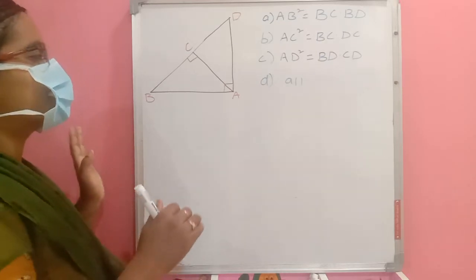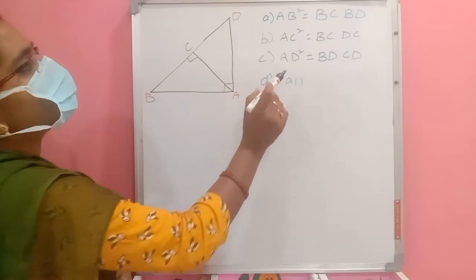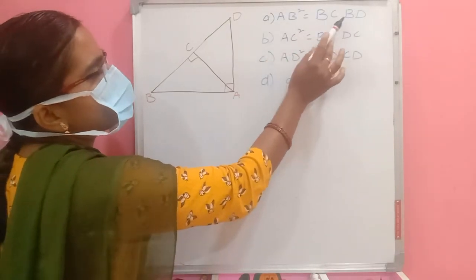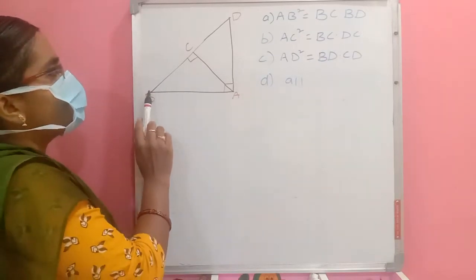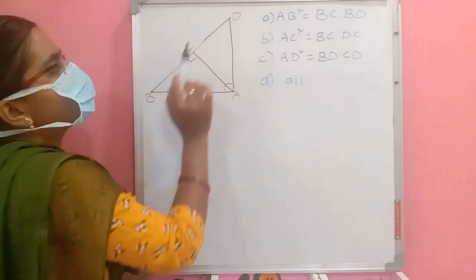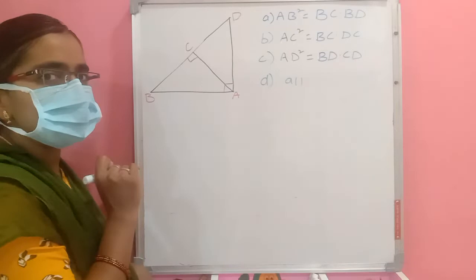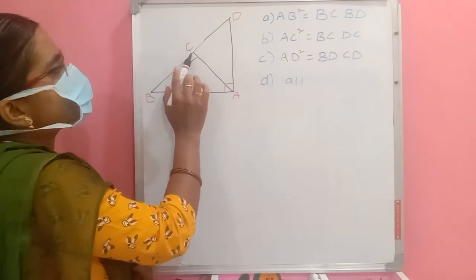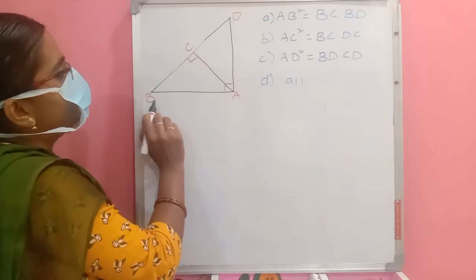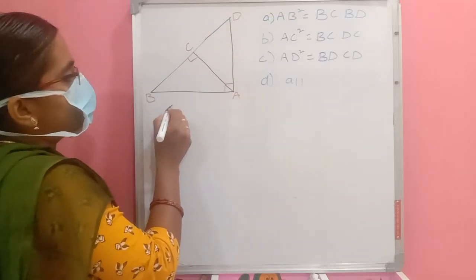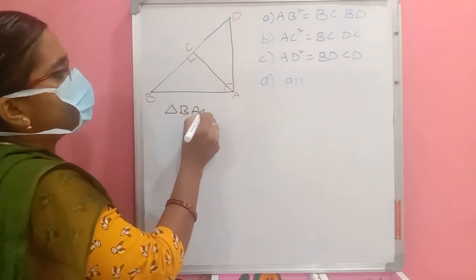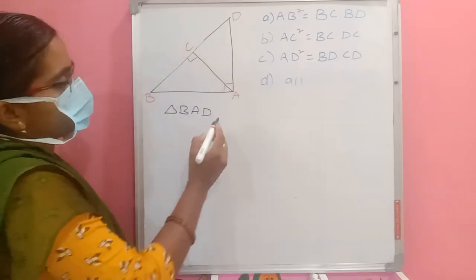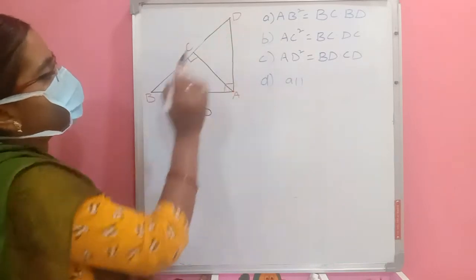So check here. Simply we have to maintain a relation between AB, BC and BD. We need BC, BD and AB. Means first we have to check triangle BAD and triangle BCA.